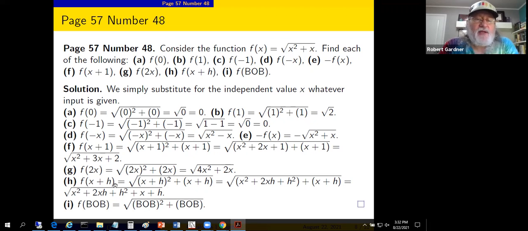So f of x plus h would be x plus h squared plus x plus h, square root of. This looks just like that, except the 1 has been replaced with an h. This was x plus 1, and down here we've got x plus h. Multiply out, similarly square, we can combine, and it looks like it simplifies down to something like this.